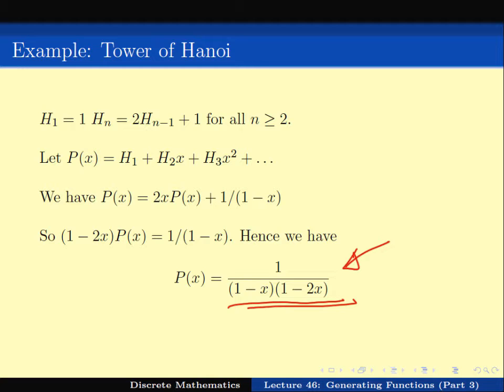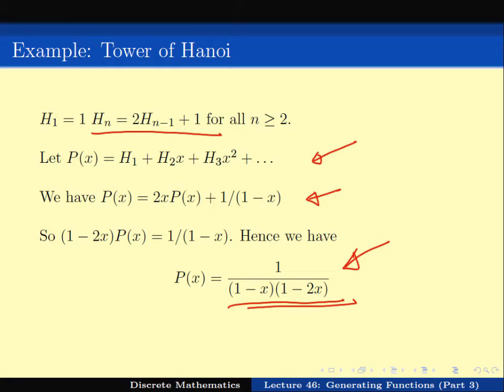Let me pause here a little bit. The idea is we started with this polynomial, and then we used the recurrence relation to write an equation on the polynomial, and we got p of x equals twice x p of x plus 1 by 1 minus x, and hence p of x equals 1 by (1 minus x)(1 minus 2x).